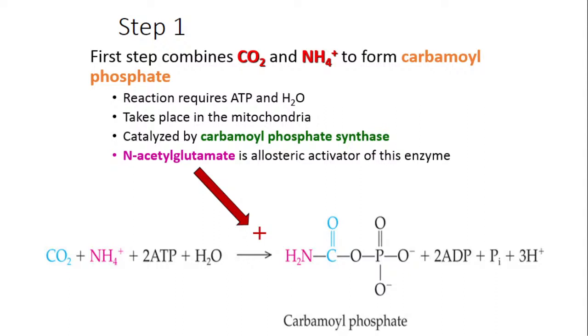It's a residue of acetate combined to glutamic acid, and so glutamate is not only a participant in the metabolism of amino acids, but also one of the regulators for urea synthesis. The allosteric activator of carbamoyl phosphate synthase is N-acetyl glutamate.